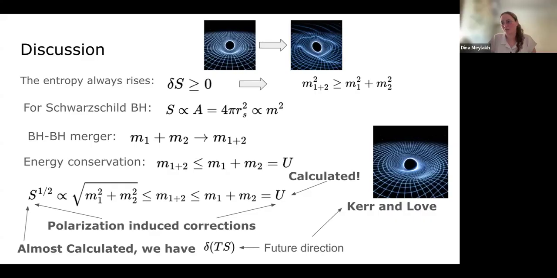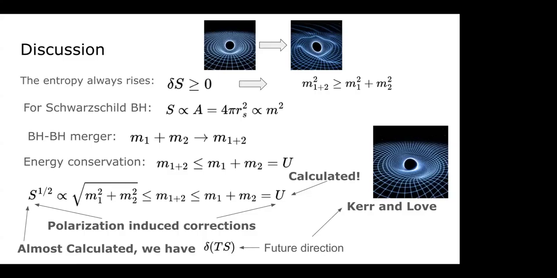Unfortunately, we only know the correction to the temperature times the area. No, I understand that, but here this would be a time-dependent situation where you have a merger. This can be done in numerical relativity: you identify the area of the common horizon and see whether that area is increasing throughout the process.